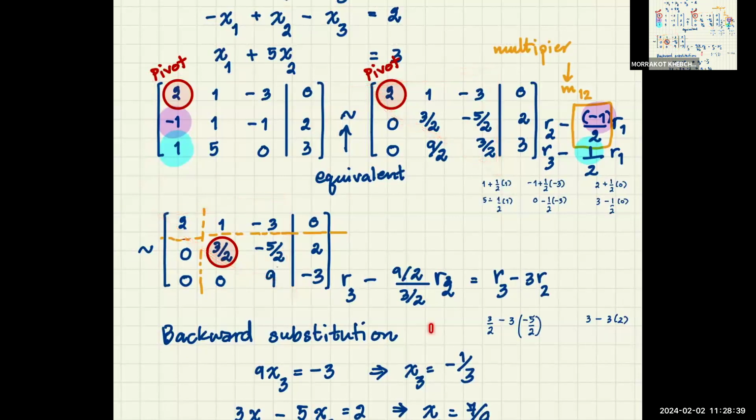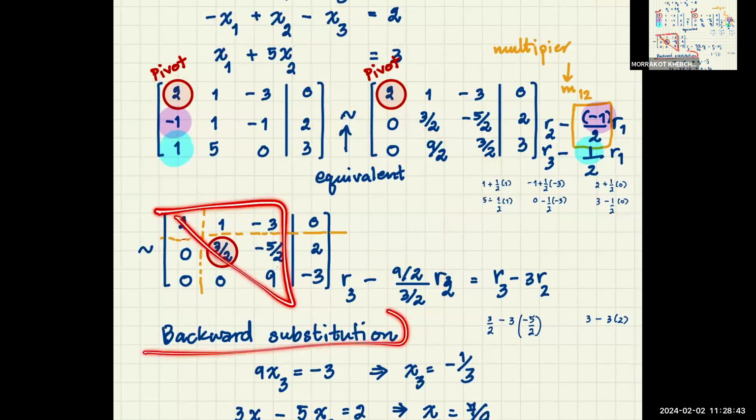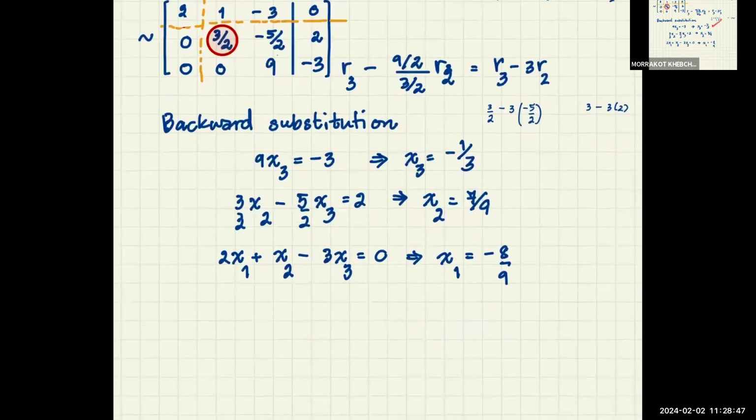And after that, you use backward substitution algorithms to find the value from x3, x2, and x1. Okay. So this is systematic way that you do it by hand, and then after that you will use your computer. You write down the code, and the computer will do the same things that you assign to do over and over the time.